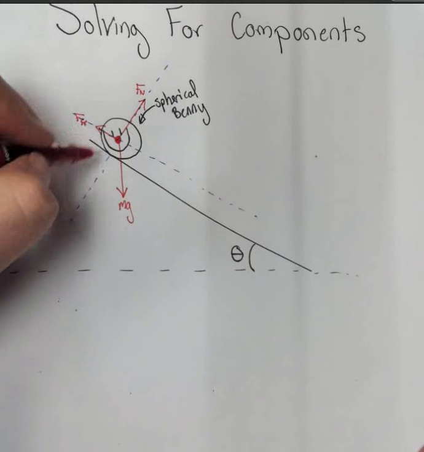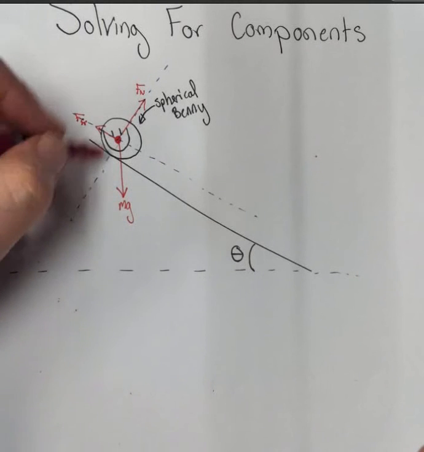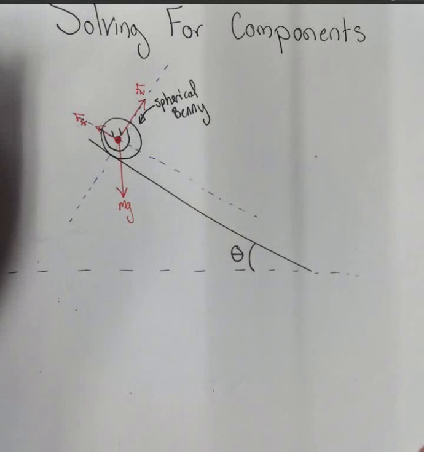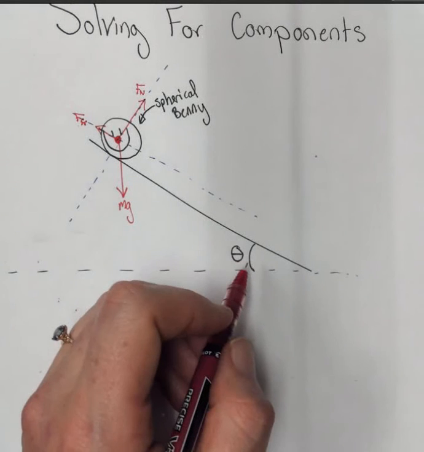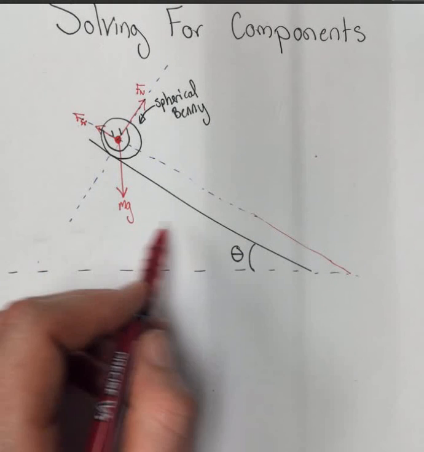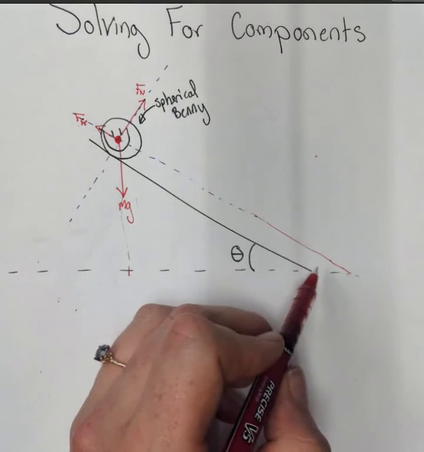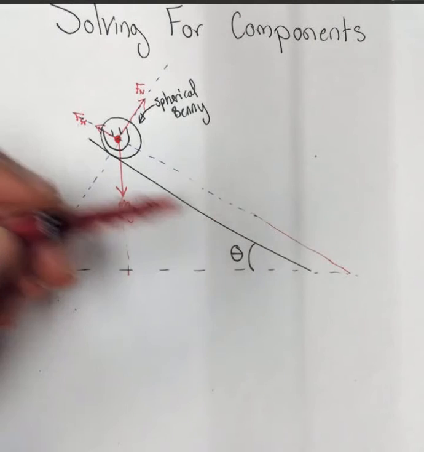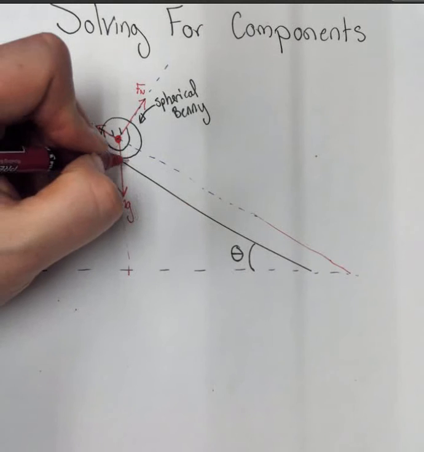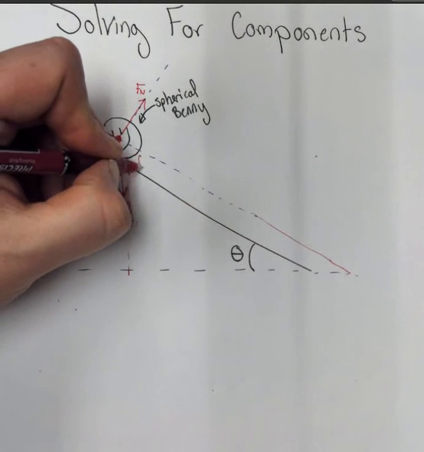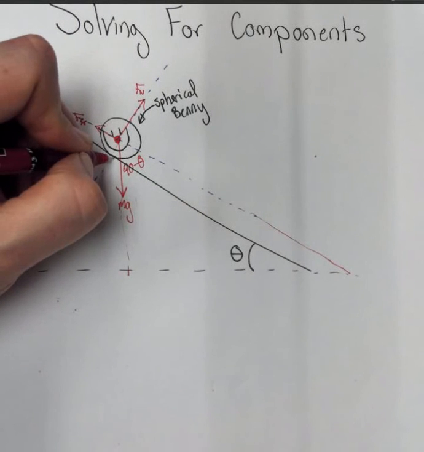Right? And some people might be uncomfortable with using the angle on this side because it changes what the y and the x component are from before our vector addition. Now, if your angle is unknown, then using similar triangles, we know that that's 30 degrees, so this is theta degrees, so this is going to be, on a right triangle, 90 minus theta, and this over here is going to be theta.